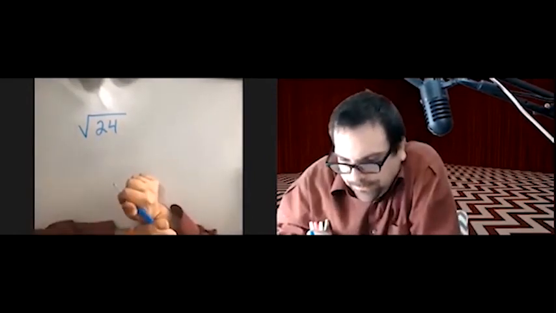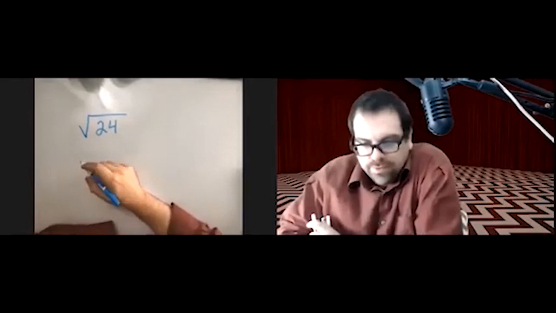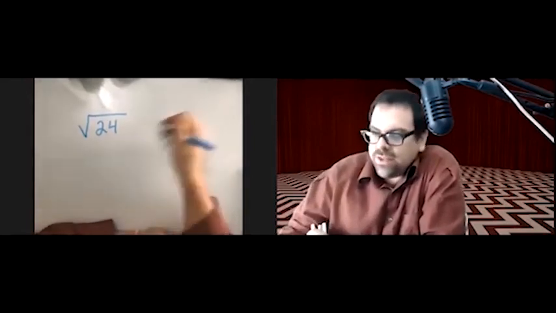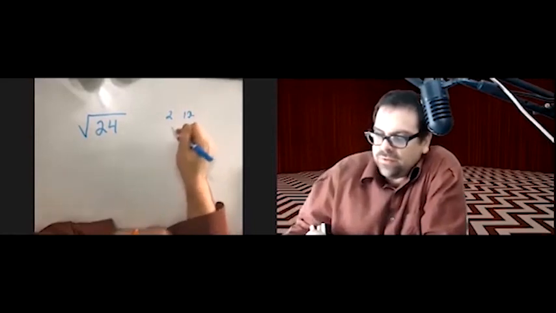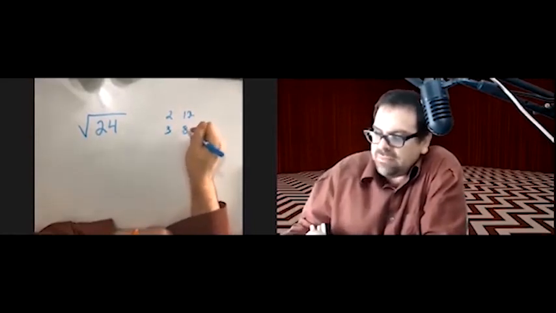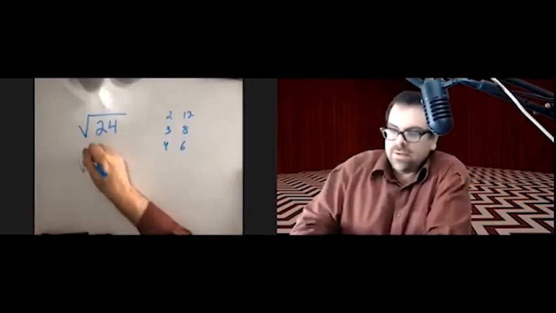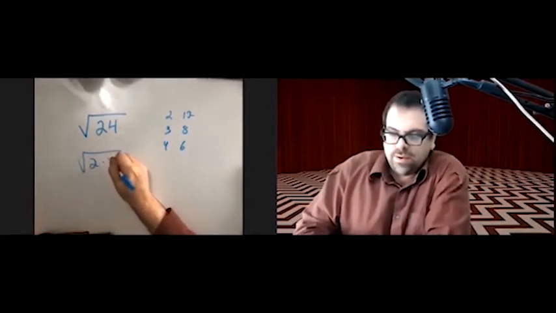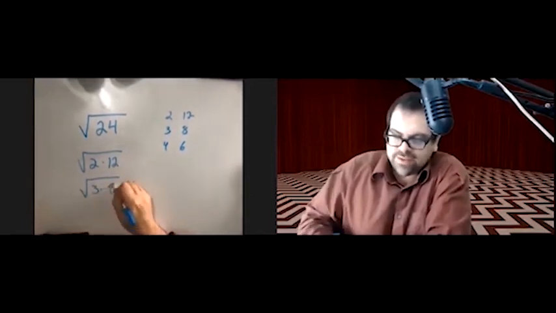So it would be true because 24 is 2 times 12, and 24 is 3 times 8, and 24 is 4 times 6. That we could rewrite this any of these ways.